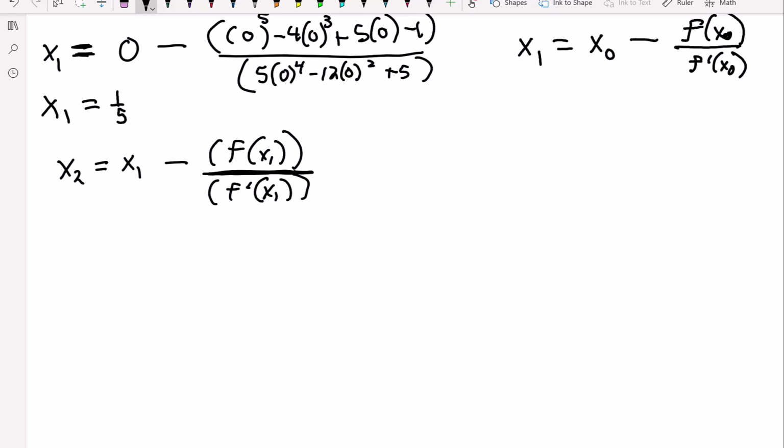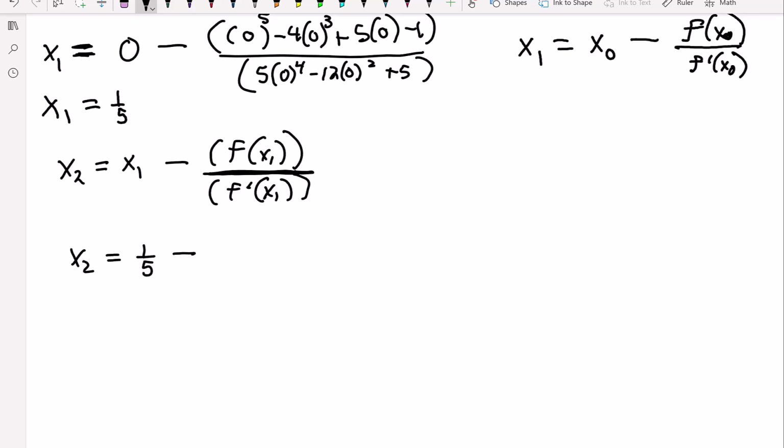All right, so now our x1 is 1/5. So now you have to do the second iteration. You find x sub 2. So that's equal to x sub 1 subtract the function at x sub 1 over the derivative at x sub 1. So x sub 2 is equal to, did we say that was negative 1/5? That's subtract a negative, so that's positive. Okay.